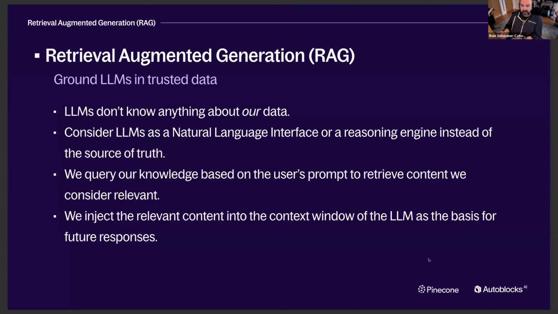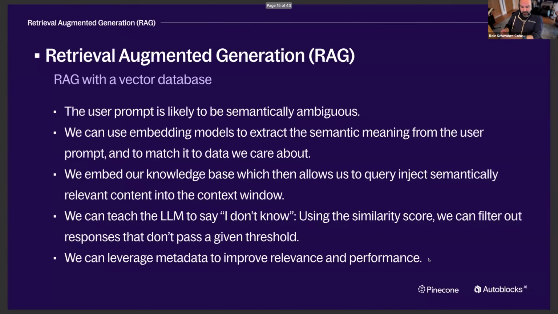Instead of going to the LLM and saying, who built the Tower of Pisa, we want to make sure that we provide the LLM with that information and then assume that it is capable of reasoning about that information in a way that will be helpful to the user. So what we do is take the knowledge base that we have and embed it. And then I think we can jump on to the next. Oh no, actually, let's stay here.